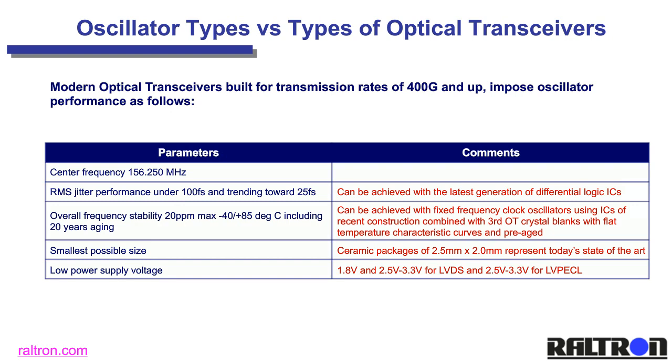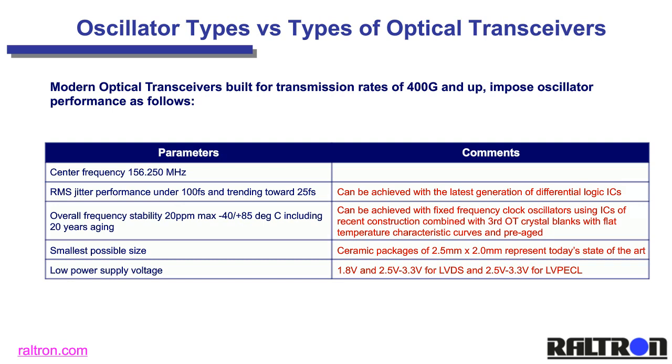Second parameter, which is also very important, is the overall frequency stability of the oscillator, which is today defined at 20 ppm maximum, all parameters included. So what are these parameters?